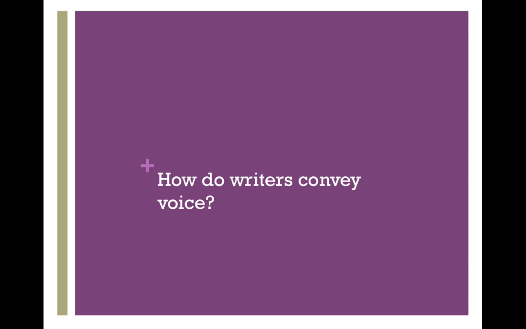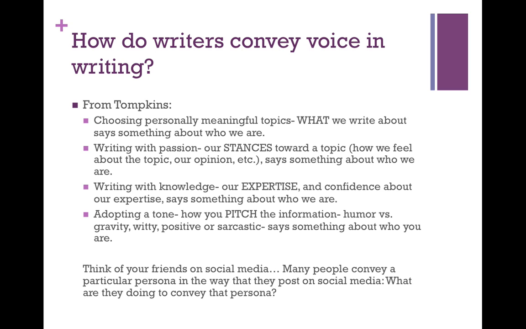So how do writers do this? How do writers convey voice in writing? Well, Tompkins talks about 4 different ways that writers convey voice. One is through the topics that they choose. What we write about says something about who we are. Or through the way that they convey their passion. So our stances toward a topic says something about who we are.